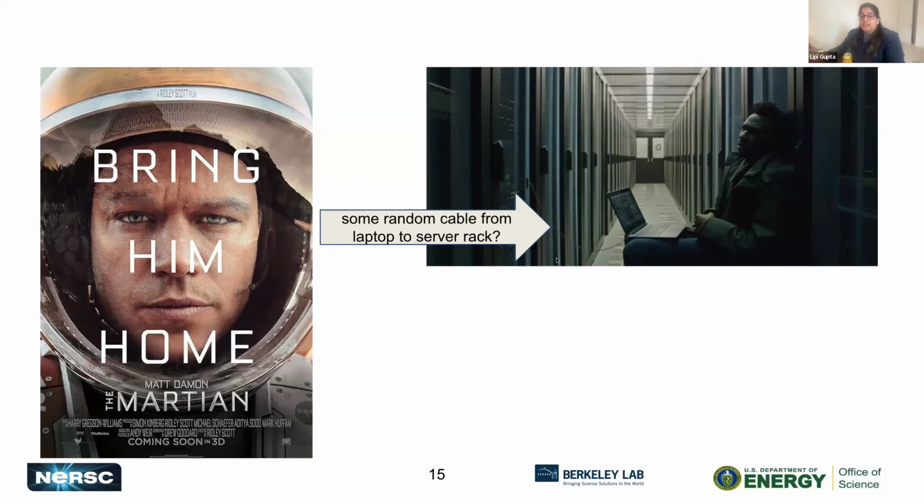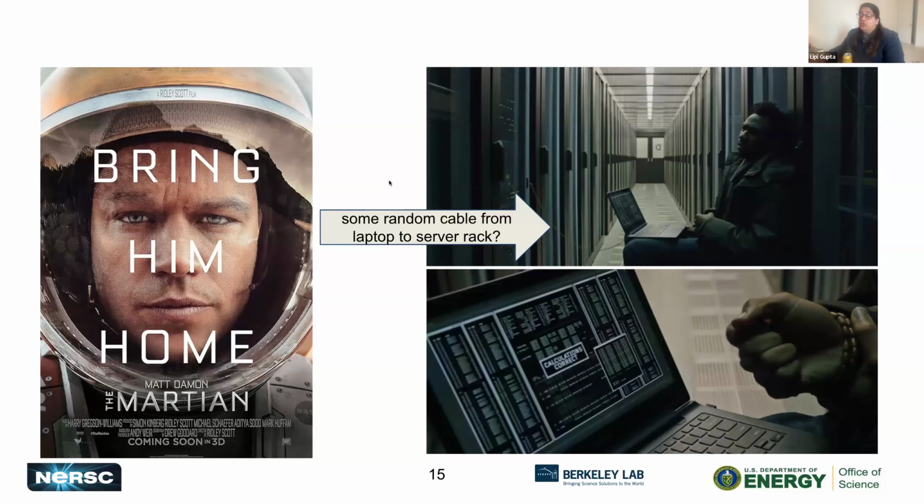This really upsets me, because this movie and everything in it is extremely accurate, and then there's this, which is the most inaccurate thing in the whole world. In order to use a compute system like an HPC facility, like what we have, you do not and will not go into the server room and sit there with a random cable attached to the system.